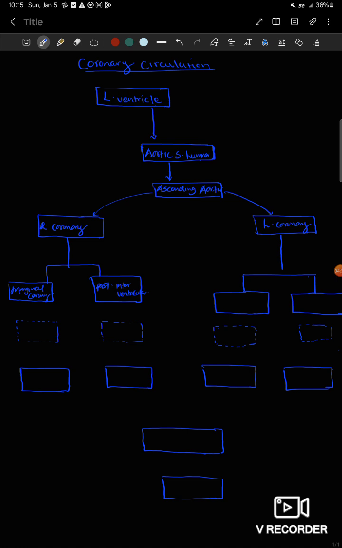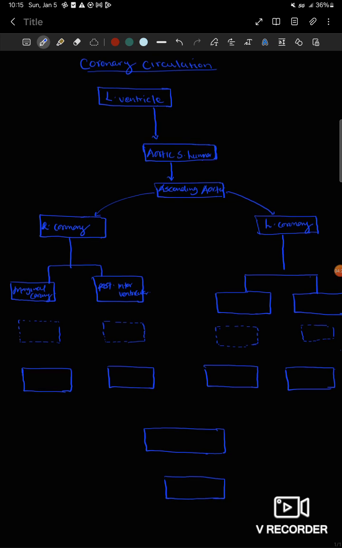While the left coronary artery subdivides into what we call the circumflex coronary artery, and is also subdivided into the anterior interventricular coronary artery.